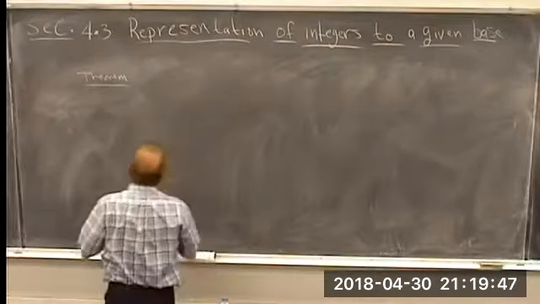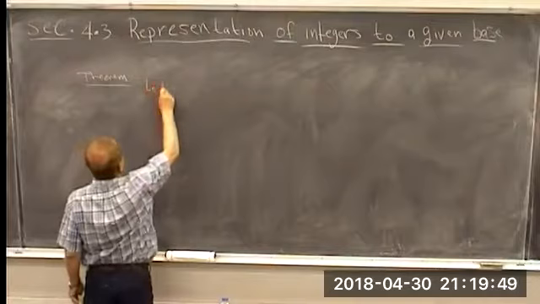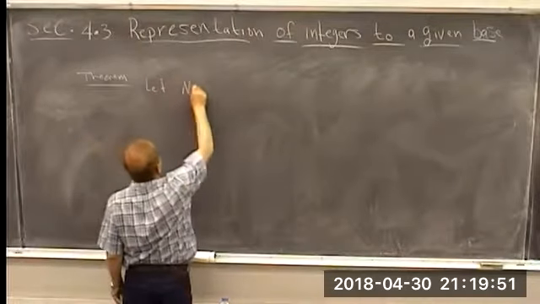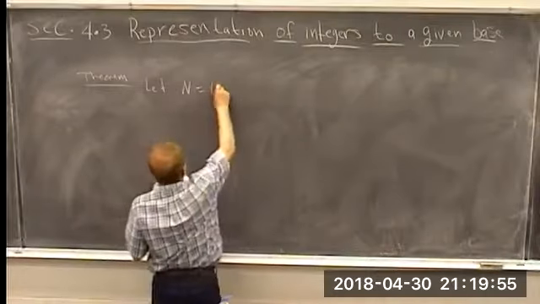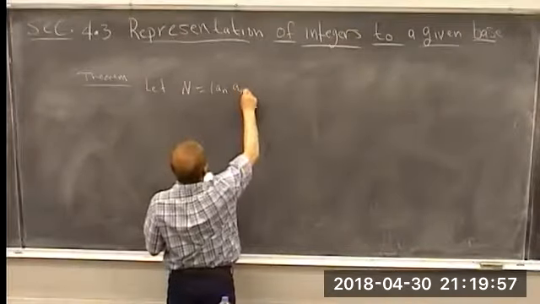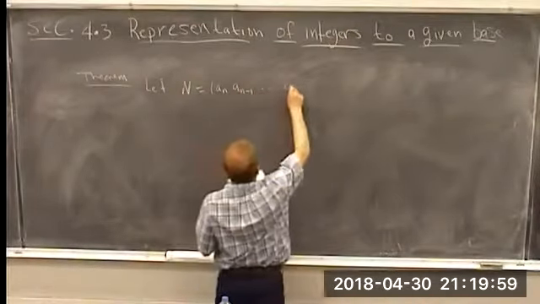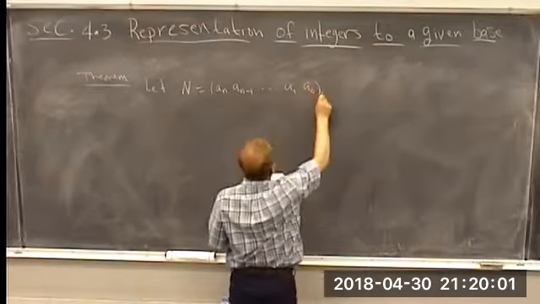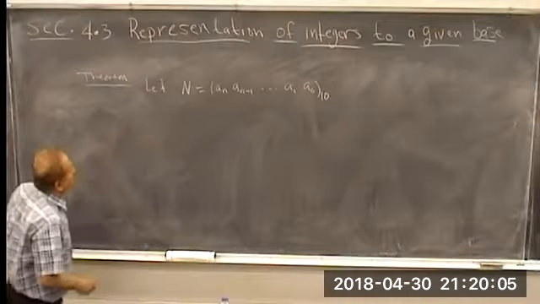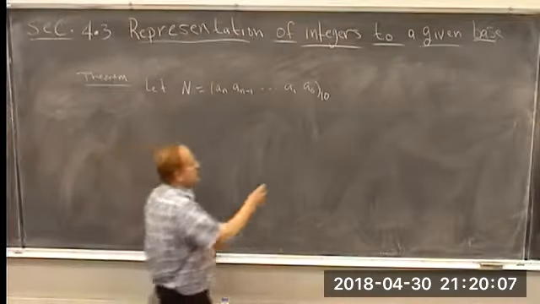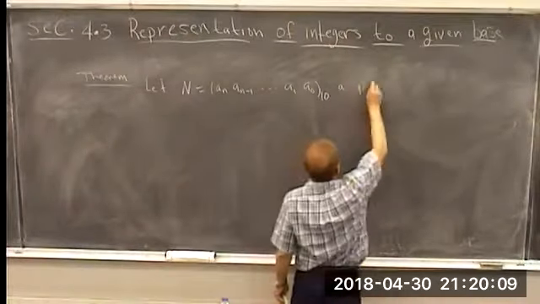Let's assume that n equals a_(n-1) up to a1 a sub 0. This is base 10. This is a positive integer.